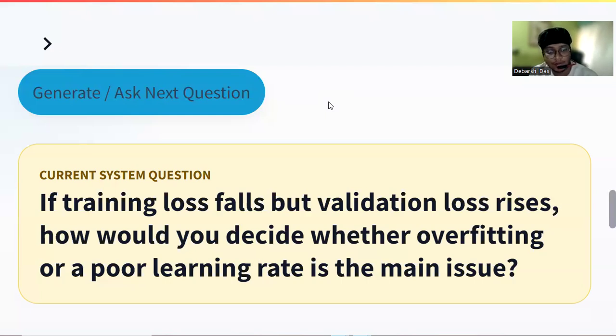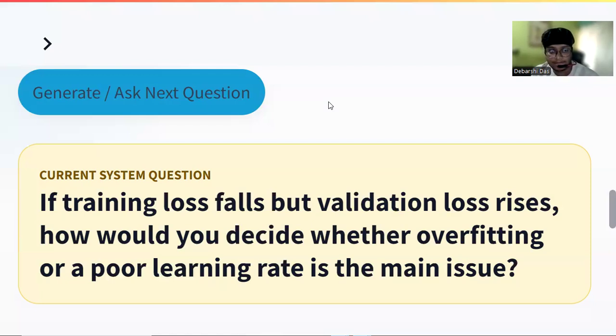If we see that on training data the error is marginal and during validation the loss is much higher, then it would definitely be an overfitting issue. Otherwise, it would be a poor learning rate if the training loss falls as well.